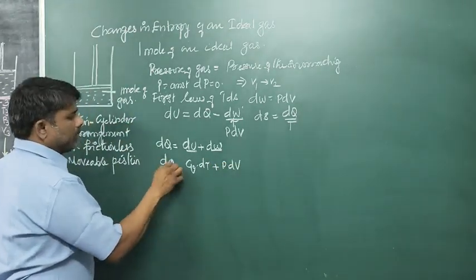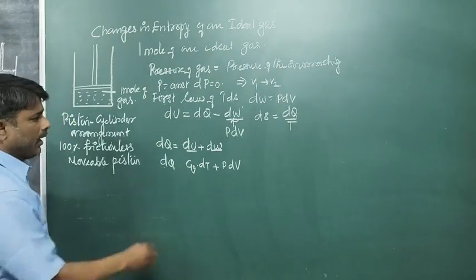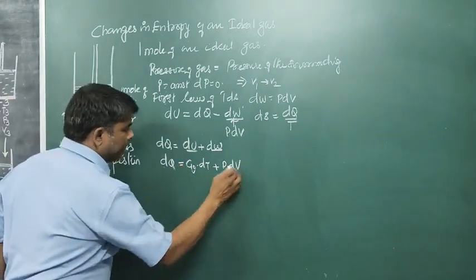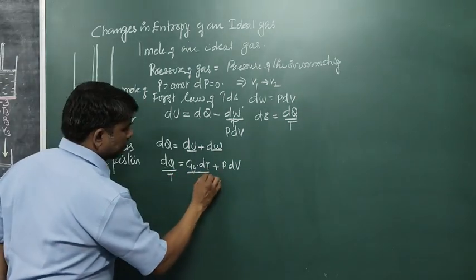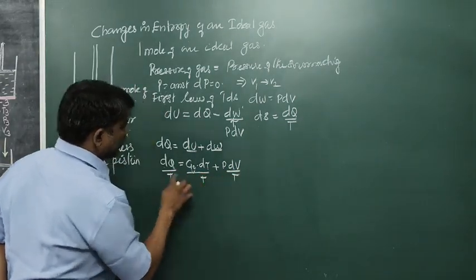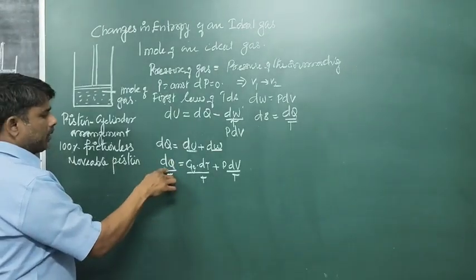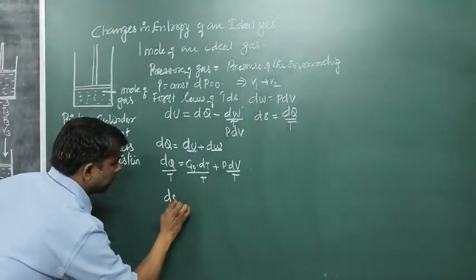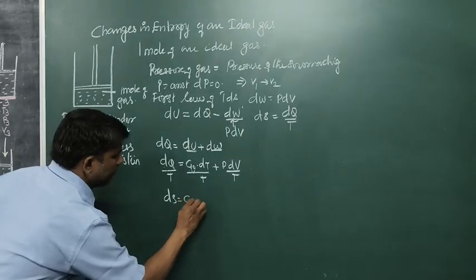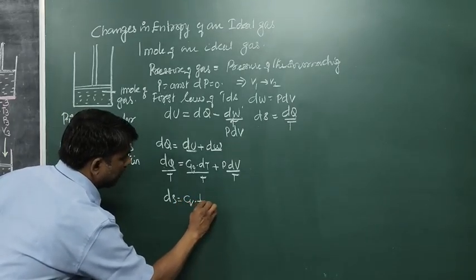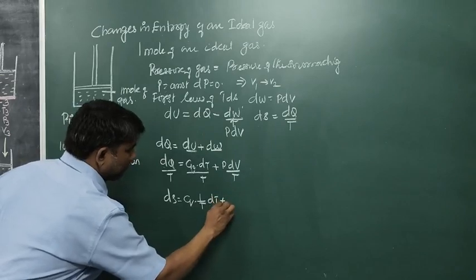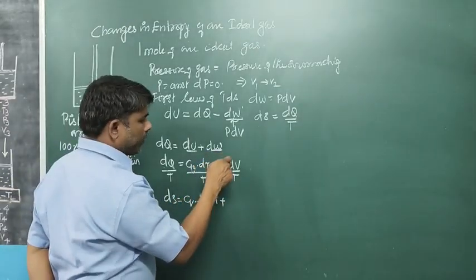In order to bring Q by T, I divide the entire equation by temperature. So dQ by T is the change in entropy: dS = Cv (1/T) dT + P/T dV.